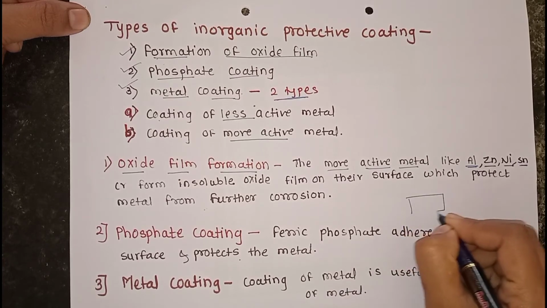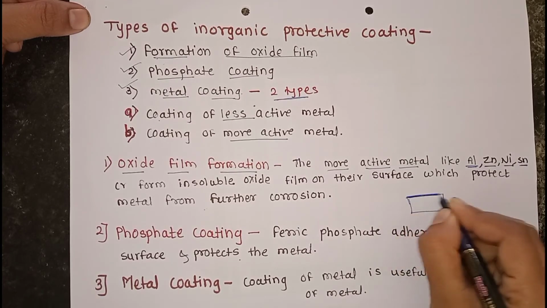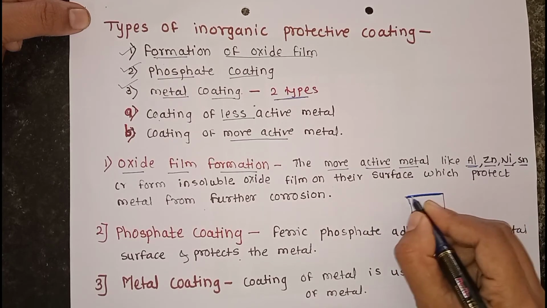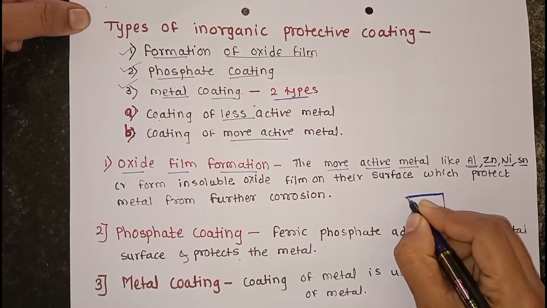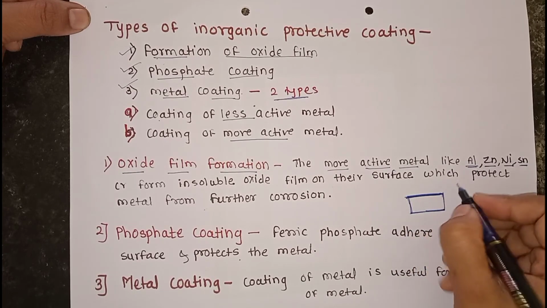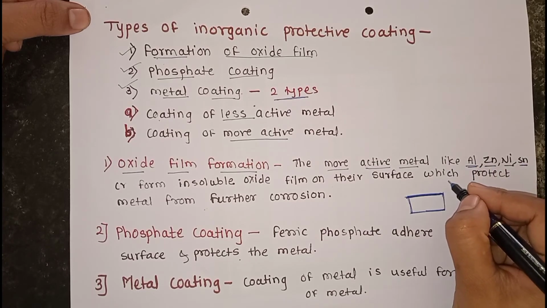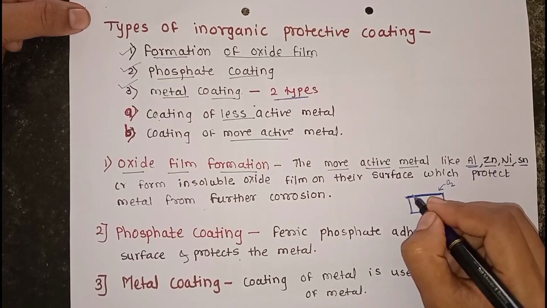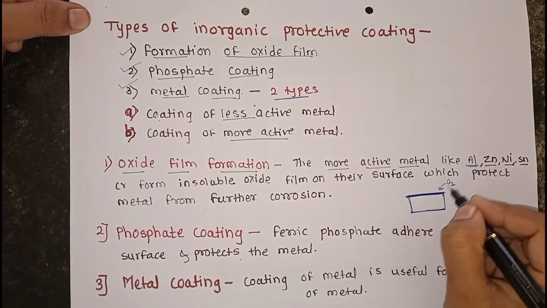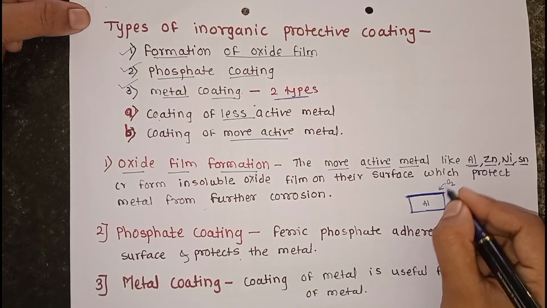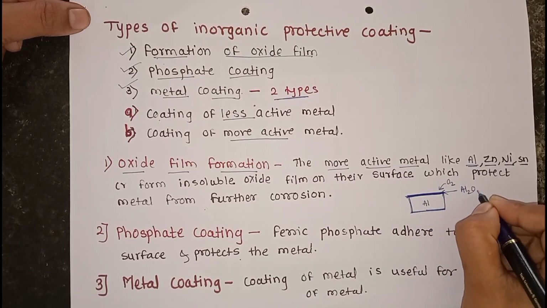That means this is the surface of the metal, a metal which is more active. The more active metal has a surface which comes in contact with atmospheric oxygen and forms a film of oxide. For example, we take aluminum, which comes in contact with atmospheric oxygen and forms a film of oxide, aluminum trioxide.